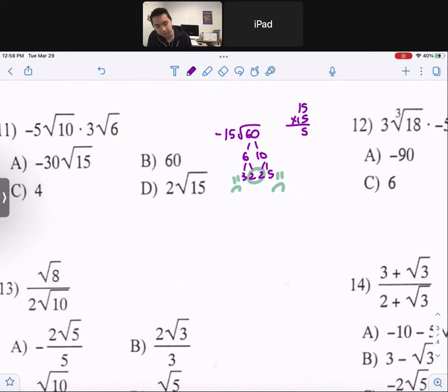Well, 5, 2, 75, 5, 1, 5, 2, 1, 225. Oh, what am I doing? Sorry, the group we multiply to the outside, so that's negative 30. 2 times negative 15 is negative 30, and the leftovers is 3 times 5 for 15. Negative 30, radical 15.